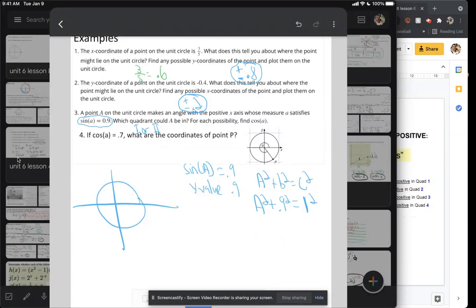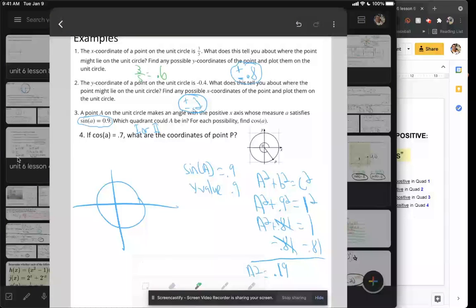All right, and I'm going to do the same thing I've been doing. So 0.9 squared is going to be 0.81. That's going to be 1. I'm going to subtract 0.81 from both sides. So 1 minus 0.81 is 0.19. So a squared equals 0.19.